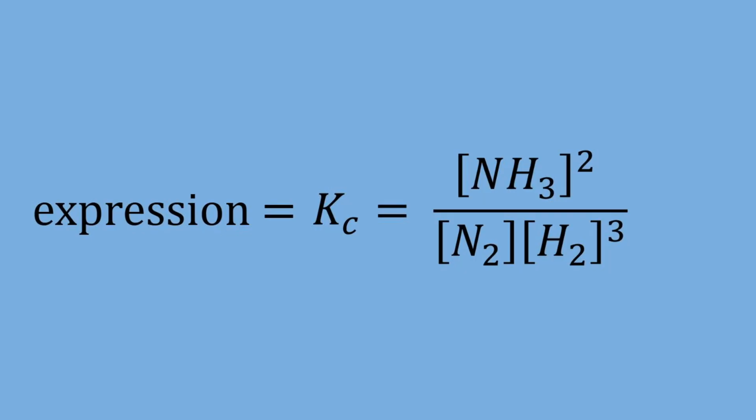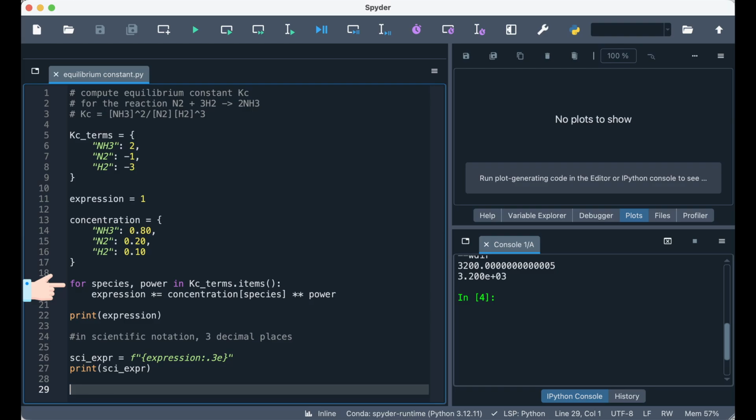Now, to compute the Kc, we multiply expression by each concentration raised to its respective power. This can be done by just looping through the terms. For species, power in Kc_terms.items(), expression times equals concentration[species] raised to power.